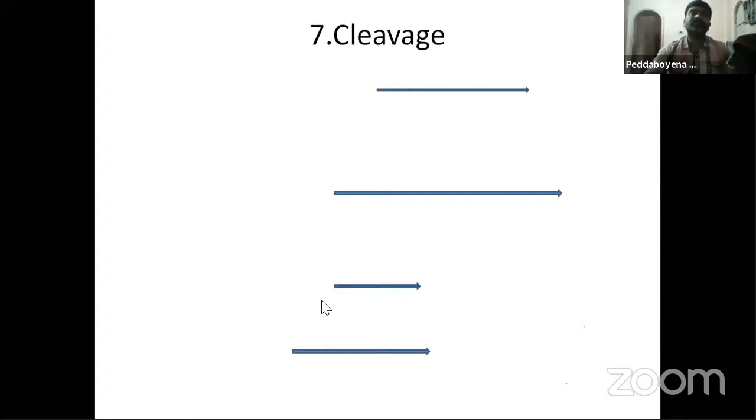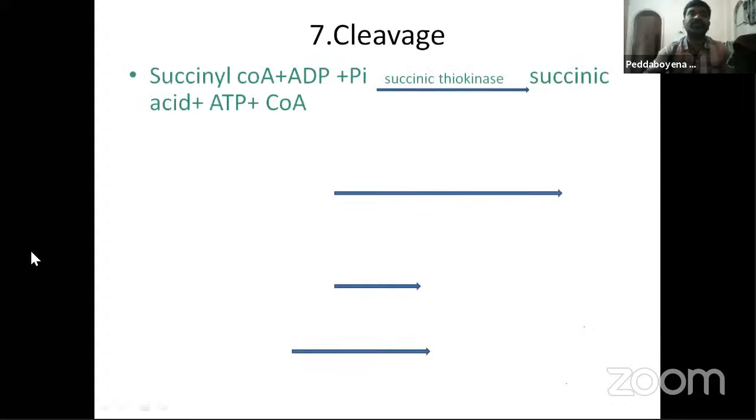Next is cleavage. Succinyl coenzyme A with ADP and inorganic phosphate means ATP is synthesized, and we get succinic acid with succinyl thiokinase.